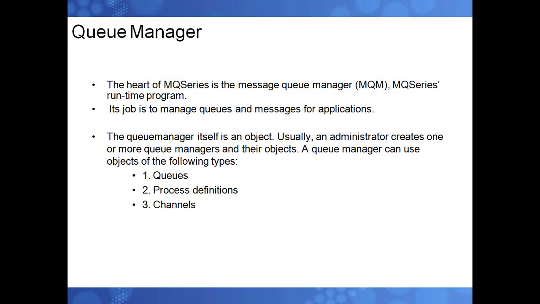The queue manager contains queues, process definitions, listeners, channels, etc. The queues are of different types and the channels are of different types. We will be going into each particular object in detail in the training classes. We will be discussing all these objects and their features, functionalities, and how they are utilized in MQ Series.